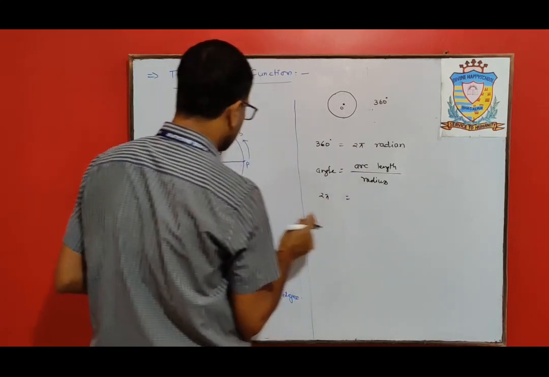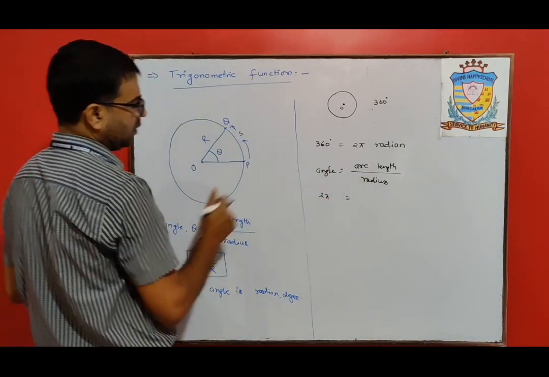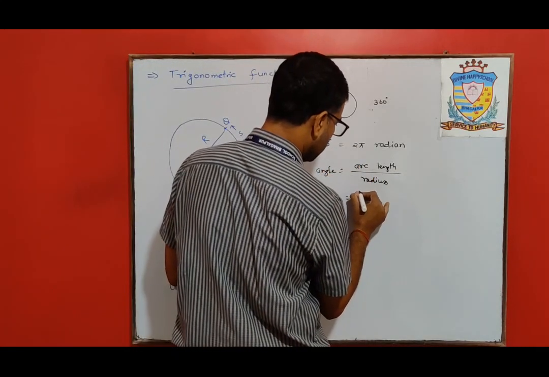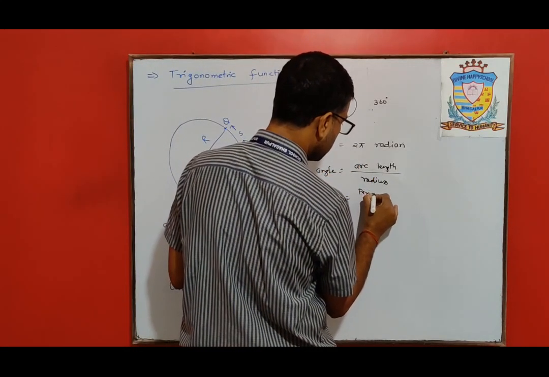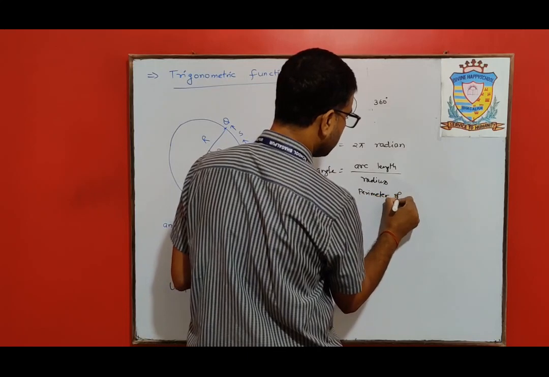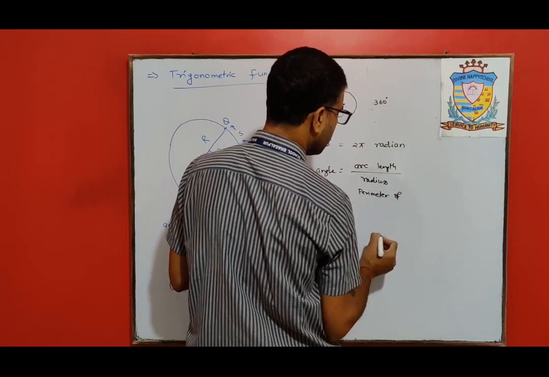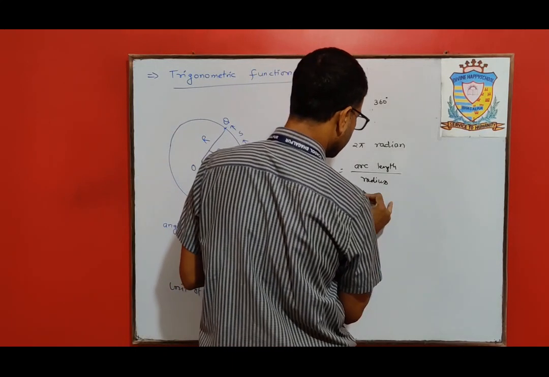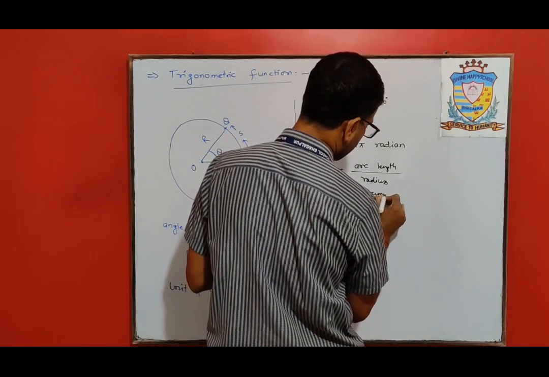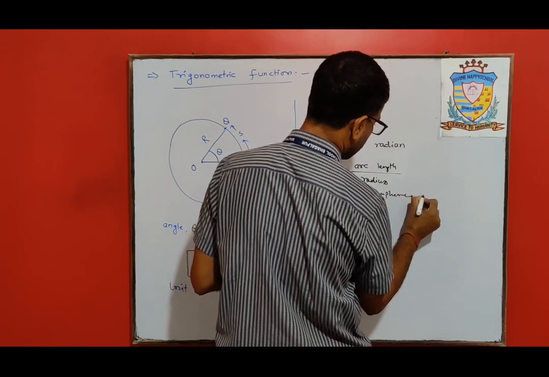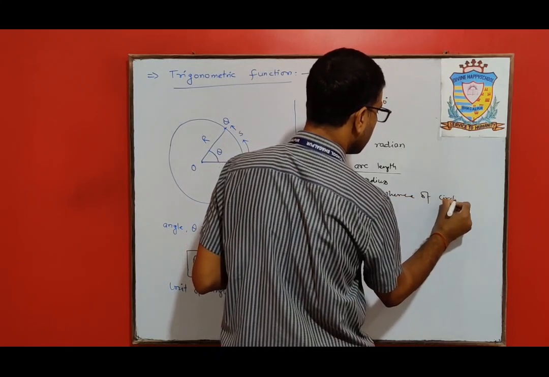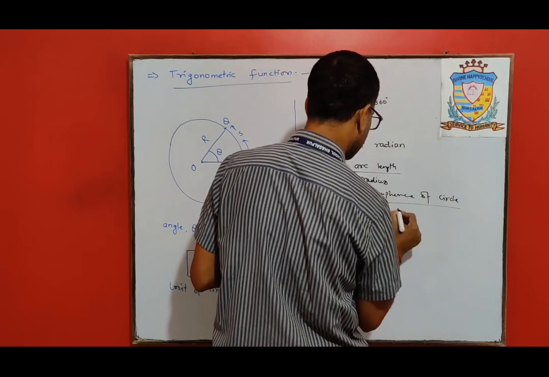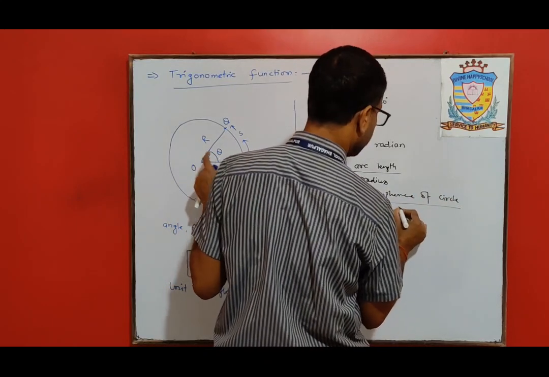The total arc length is known as the perimeter, or you can say circumference of the circle, upon radius r.